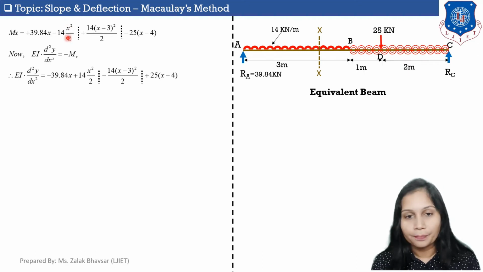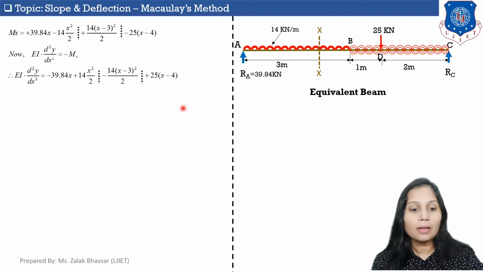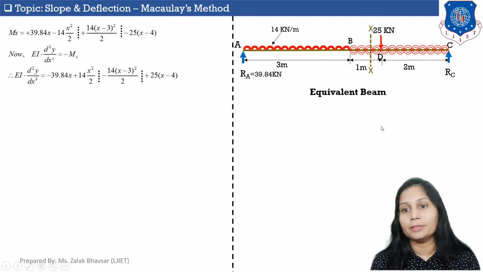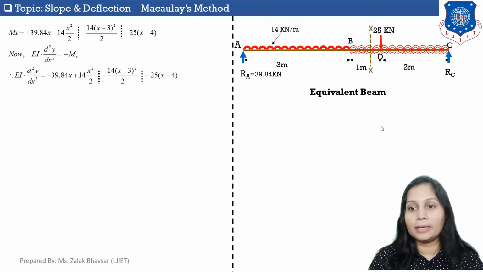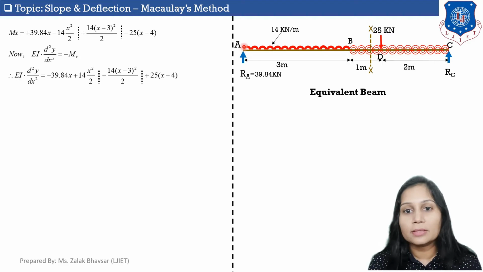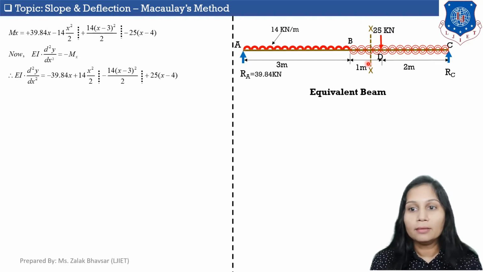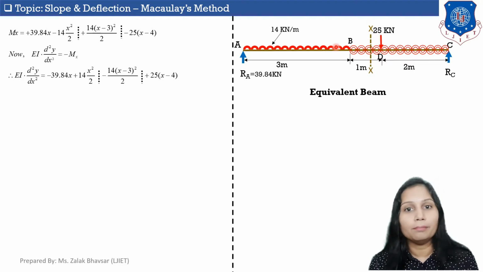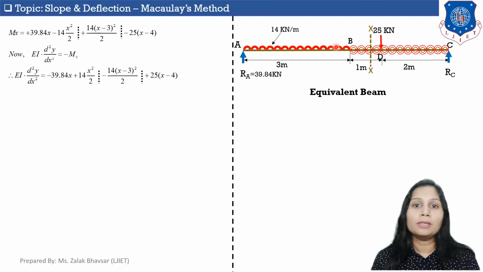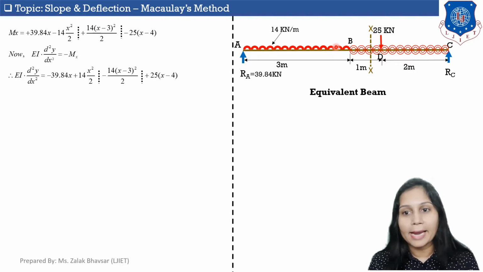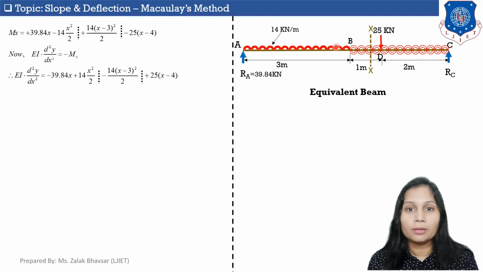Now let's move to the second part, which is BD, and I am again taking a section at a distance x meter from point A in part BD. So let's calculate the moment in part BD on the left hand side of this section line.